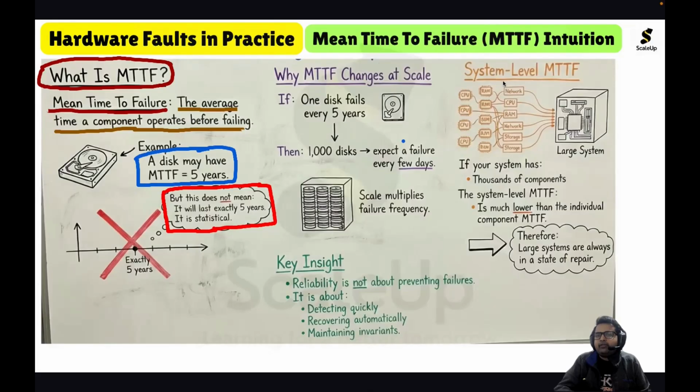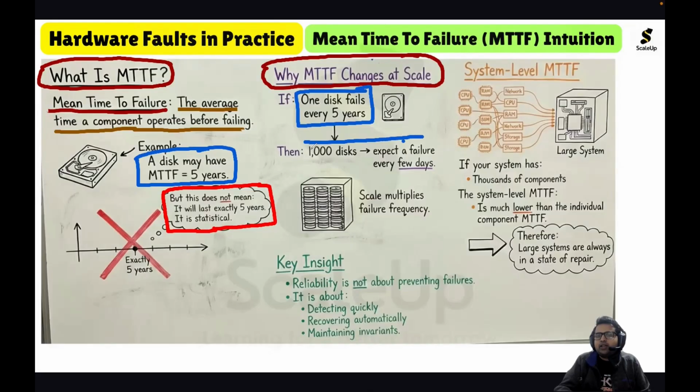Now MTTF for individual components is different, and at scale it changes. So why does MTTF change at scale? See, if the MTTF of one disk is 5 years, then if we take 1000 disks, we can expect a failure every few days. This is a very harsh reality, and it might be very surprising to you.